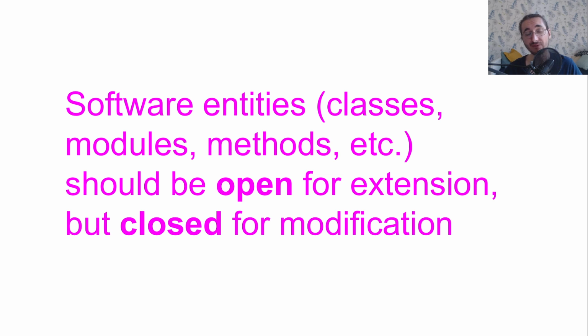For example, adding functionality to a class that you already wrote, but rather have the code that's modular enough so that you can add the new functionality as a new software entity, for example, as a new class.